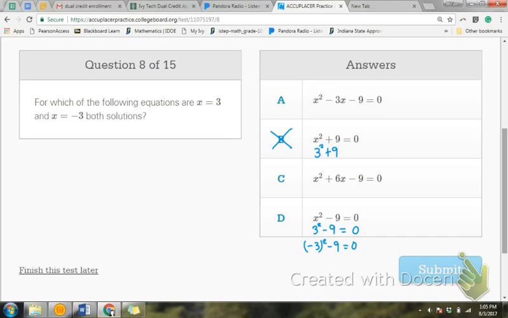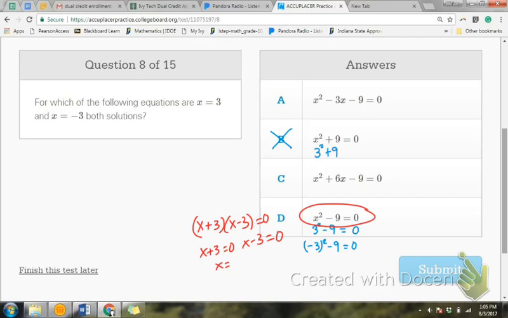You think it's going to go away, but it's not. Technically both of them, you could do your X factor and find out negative 3. But guys, what do you notice about x squared minus 9? Isn't that a difference of squares? x plus 3, x minus 3. And when you set each of them equal to 0, what happens?